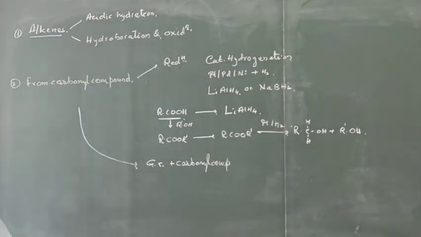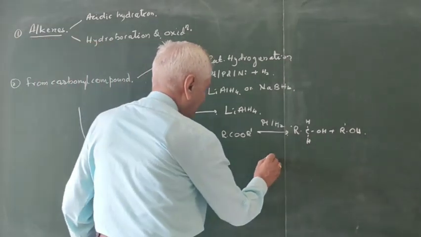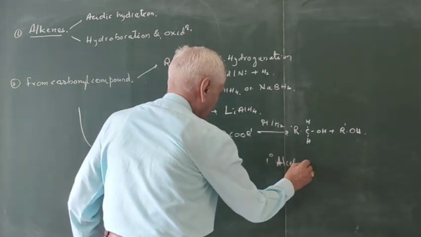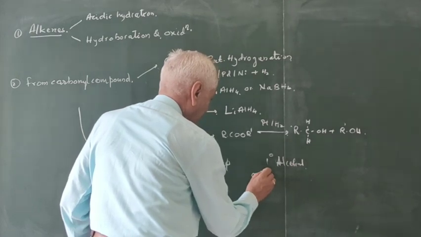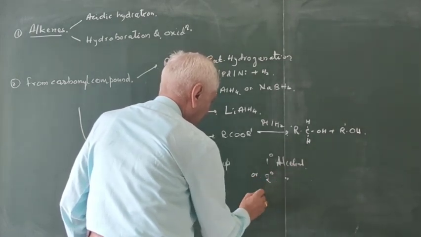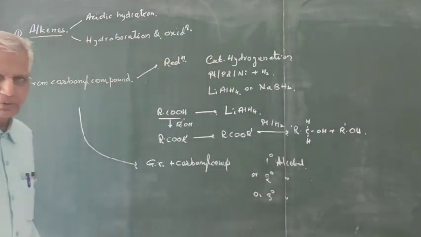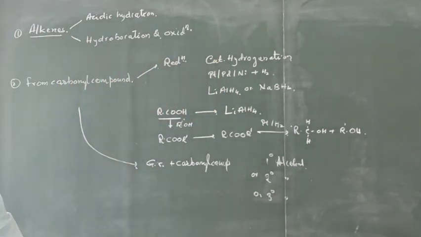Depending upon the nature of the carbonyl compound, either you get primary alcohol or secondary alcohol or tertiary alcohol. This we have studied. Now let us go for the next.